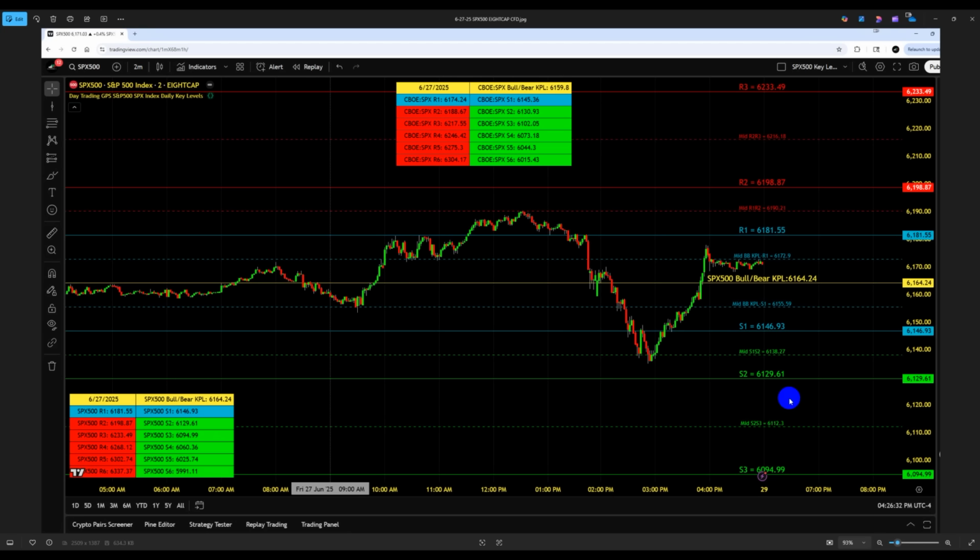These levels over here on the chart are for the SPX 500 CFD. The way you're getting the CBOE SPX index levels 30 minutes early is on this secondary table on the chart.